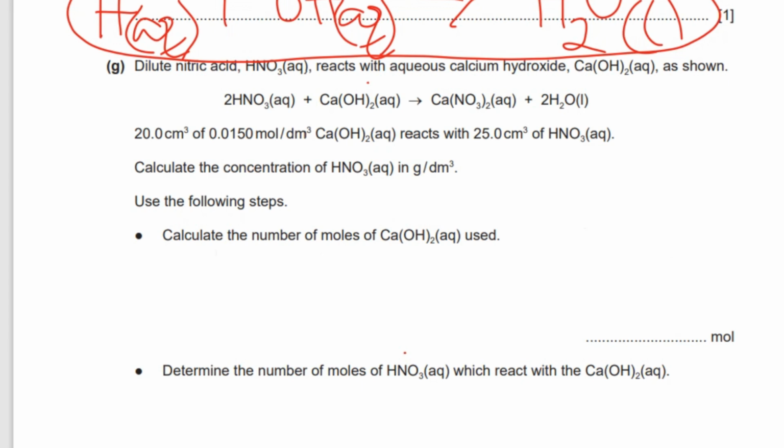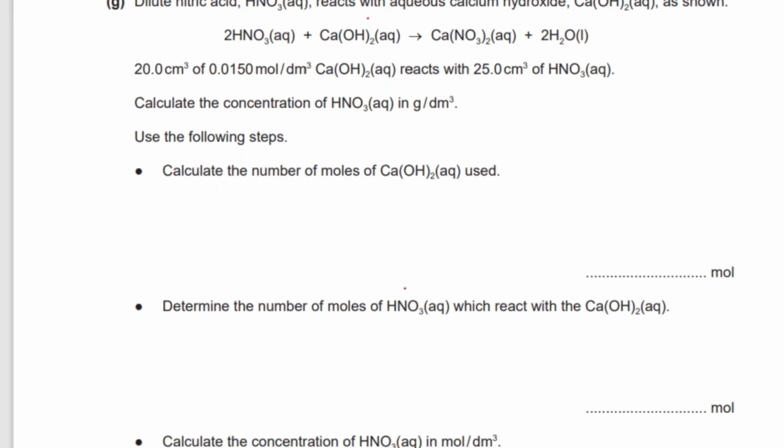Okay, so there are a number of formulas to calculate number of moles depending on what you are given. So here we are given the volume, we are given the concentration of calcium hydroxide.